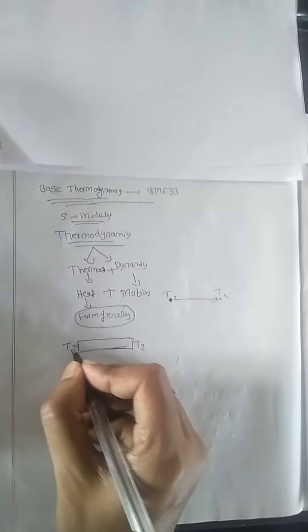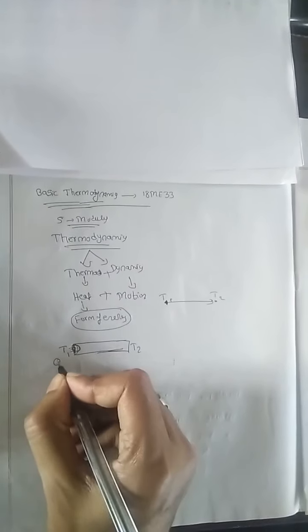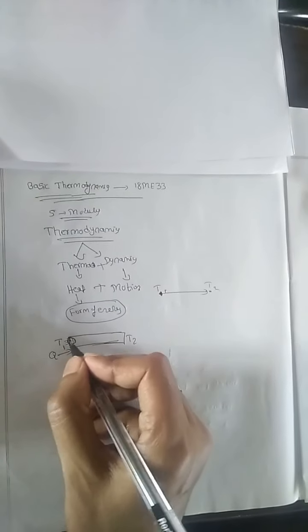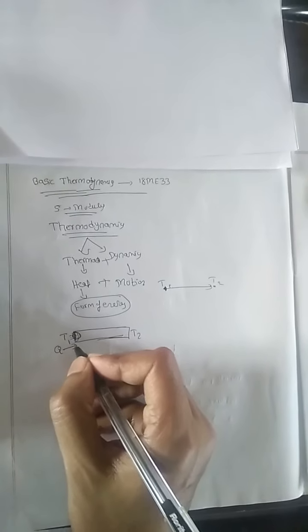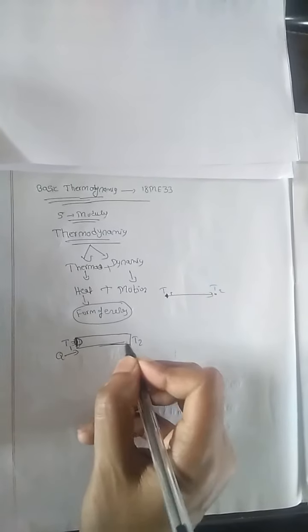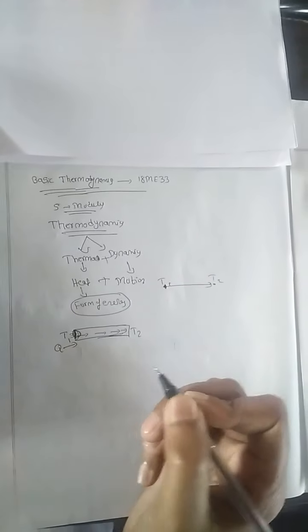I want to heat this portion, so Q amount of heat is supplied here. Due to the supply of heat, T1 temperature is more compared to T2. Due to that, heat transfers from T1 to T2.